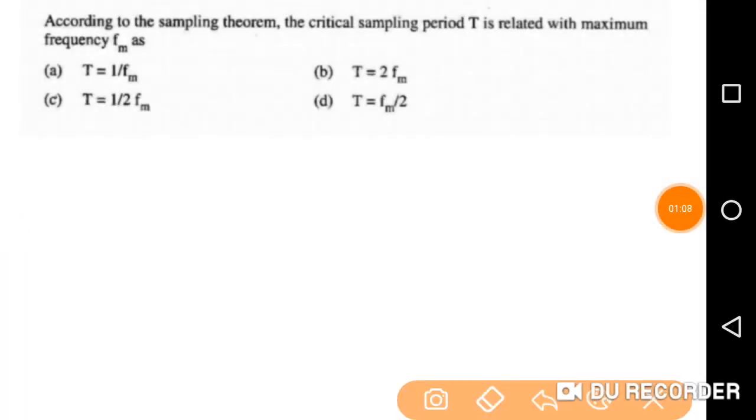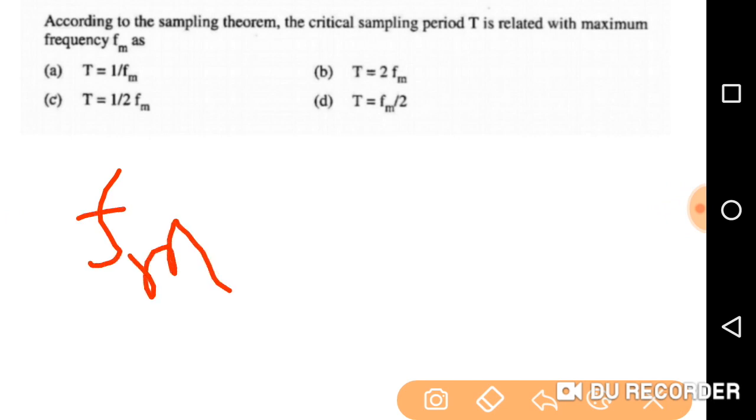This problem says that according to the sampling theorem, the critical sampling period T is related with the maximum frequency fm. As we know from the Nyquist sampling criteria, the sampling frequency should be greater than or equal to twice the maximum frequency present in the signal. So here the maximum frequency is fm.